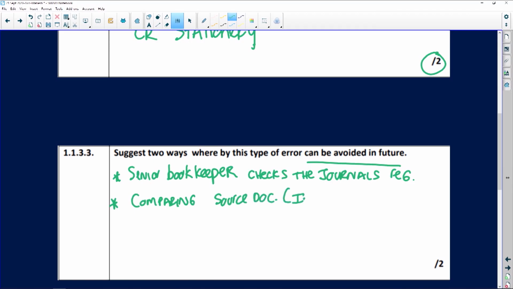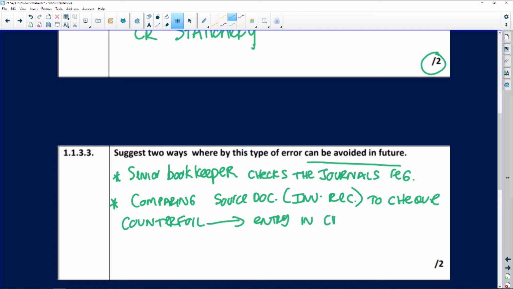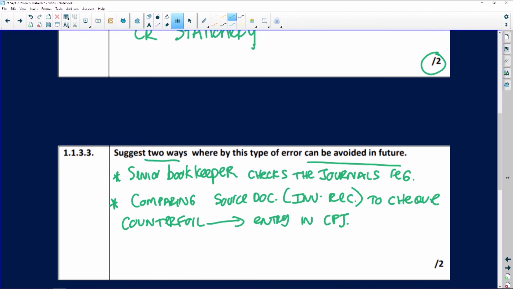It could be an invoice that was received, right, to the check counterfoil, and then obviously compare this also to the entry in the CPJ. And then you can obviously easily identify these errors. So I've suggested 2 ways. You could think of other internal controls. Remember, think about the internal control before you write this down.